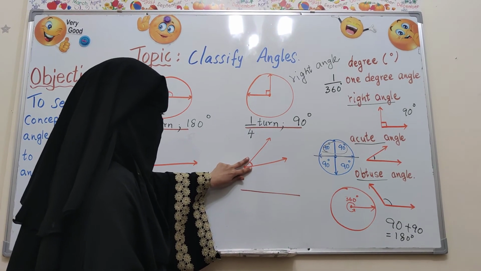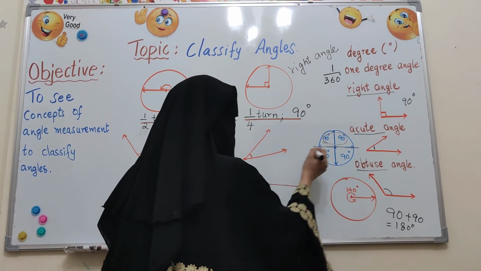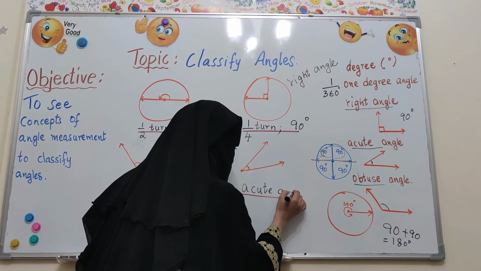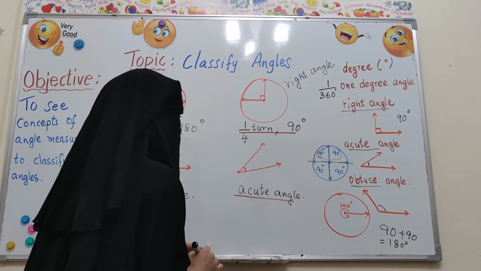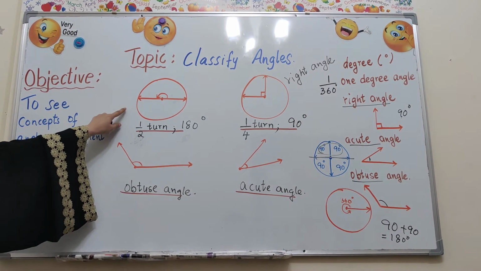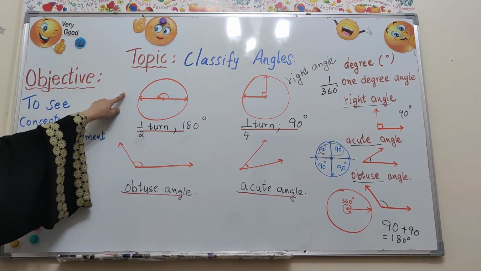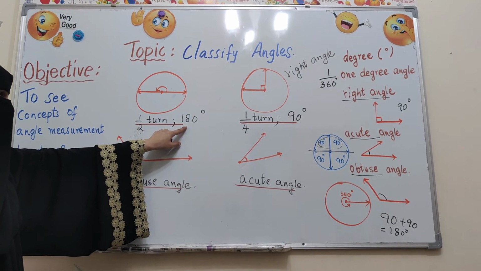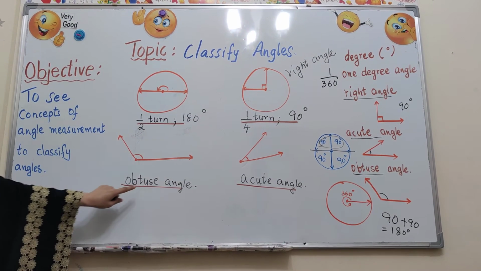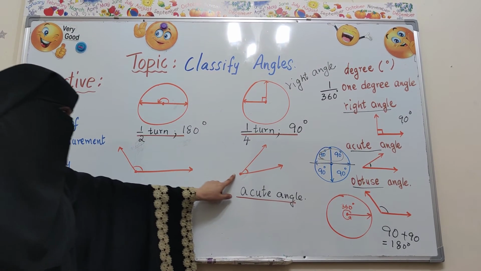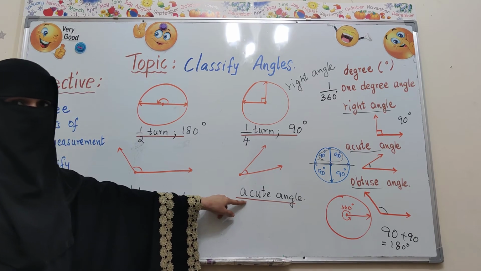This one is less than 90, which says that it is an acute angle. These are the names of the angles, but when I am using them in the circle, I am writing it with the turns and the measure of angle. So this is obtuse, more than 90, and less than 90 is called an acute.